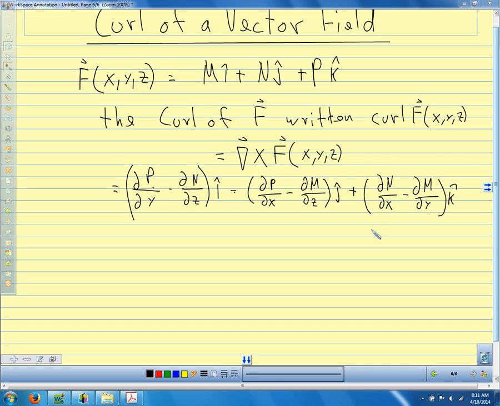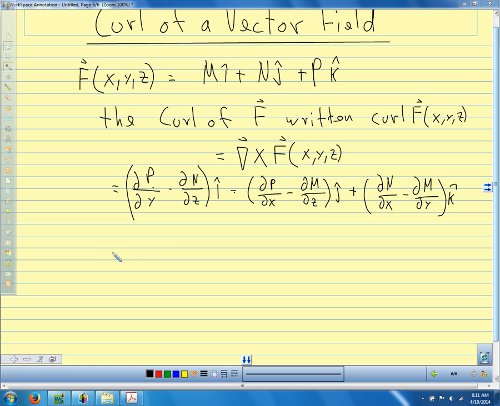Now here, this is another example of where we're using del as a vector operator. It's operating on another vector. When we did the gradient, del operated directly on a scalar to give us a vector. Here we're taking the cross product of this vector operator with another vector.